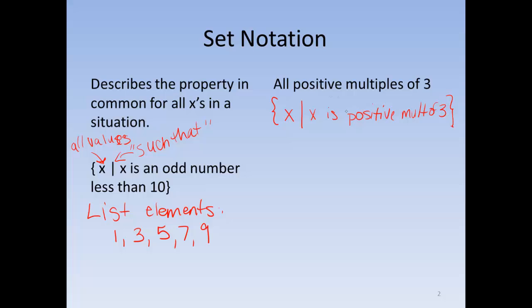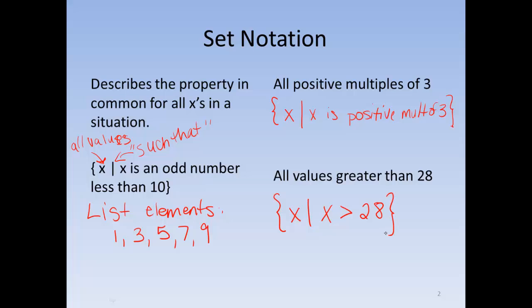This one you can just write using the words. Another type of set notation can use math notation. So all values greater than 28 in set notation is all values x such that x is greater than 28. Those are two examples of writing things in set notation.